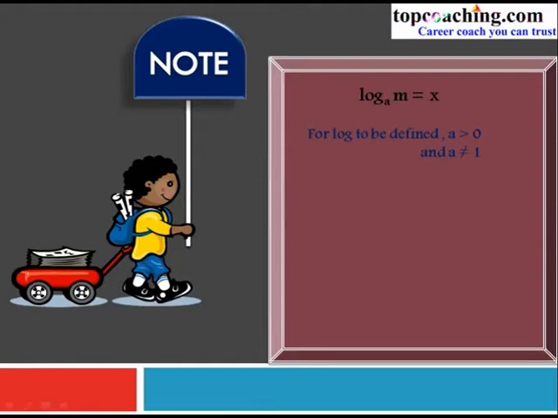Also, the logarithm of a negative number is never defined, so m should be greater than 0. So for log to be defined, we take the values of m to be greater than 0.